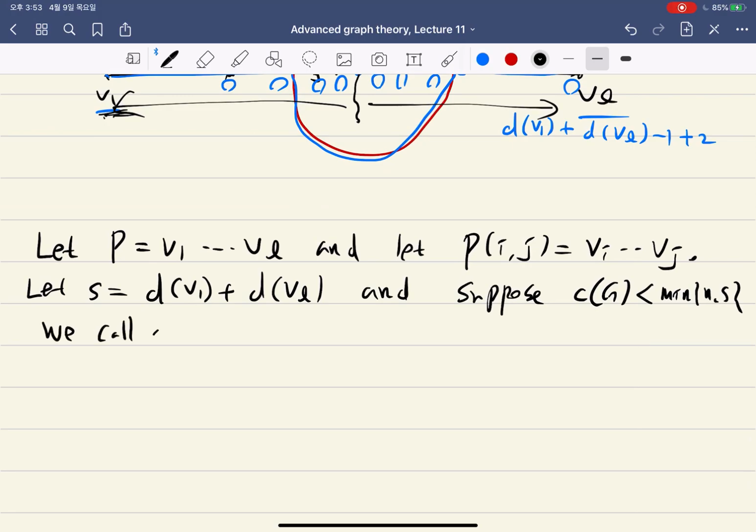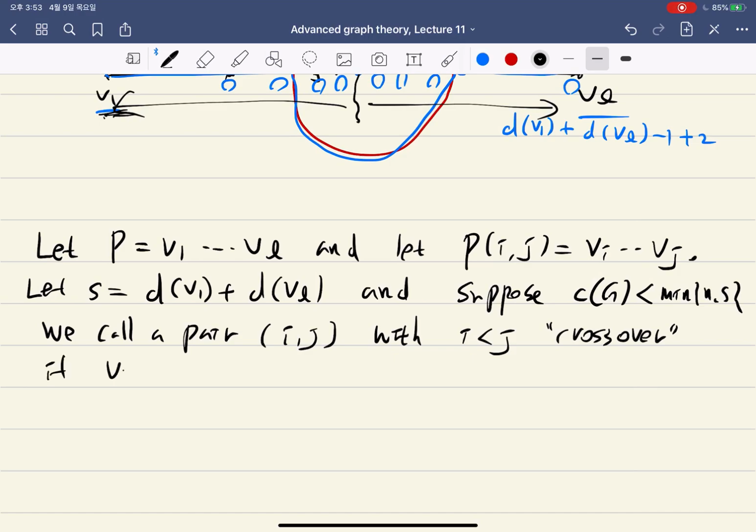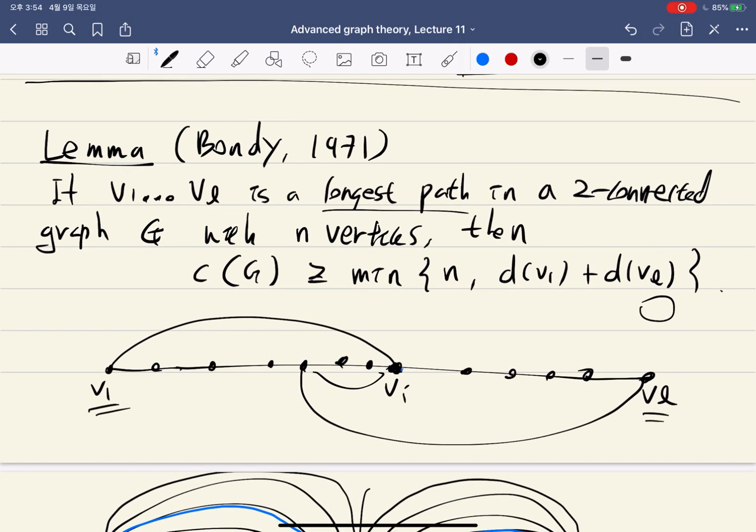Say we call a pair IJ with I smaller than J a crossover if PJ is a neighbor of P1 and PI is a neighbor of PL. So exactly this situation.